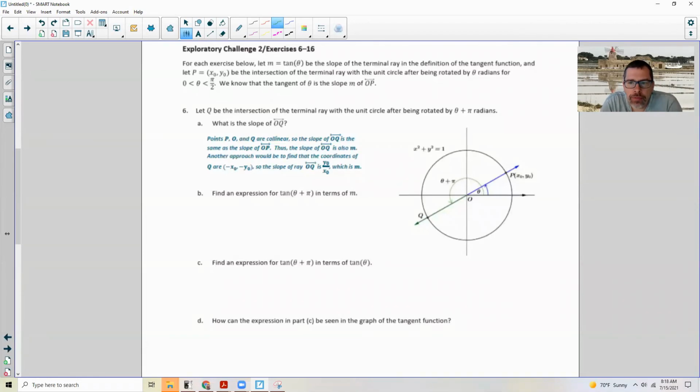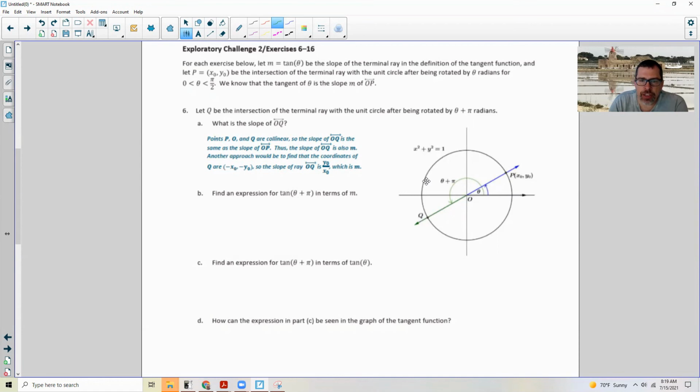Okay, so point P, O, and Q are collinear, meaning they're on the same straight line. So the slope of OQ is the same as the slope of OP. Thus, the slope of line OQ is also m, which they told us up here. Let m equal the tangent of theta, be the slope of the terminal ray. Another approach would be to find that the coordinates of Q are negative x sub 0 comma negative y sub 0. So the slope of ray OQ is y sub 0 over x sub 0, which is m.